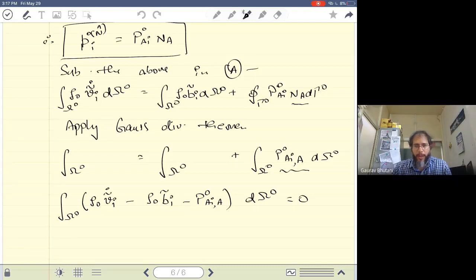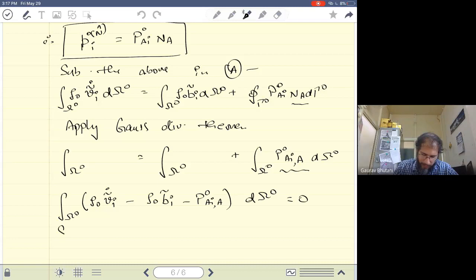Now remember that the choice of omega naught was arbitrary. It was based on the choice of omega, which was arbitrary. So since omega naught choice is arbitrary, that means that the integrand has to be identically 0 everywhere inside the body.